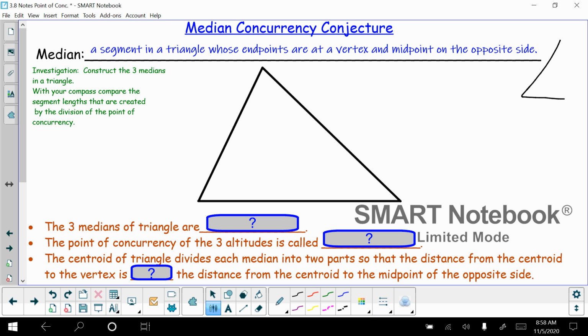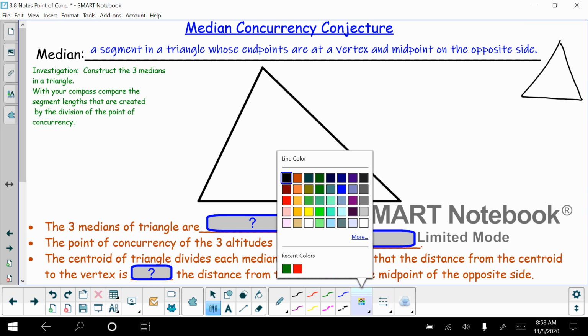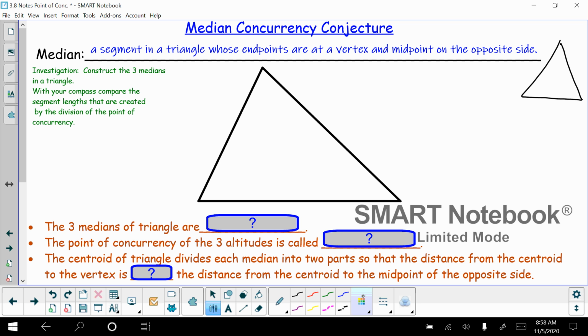Just draw a triangle off to the side, and then let's get a different color. I'm going to draw a midpoint right here and put the tick marks, and it goes from the vertex to there. That red segment right there, guys, is a median. It's pretty simple.